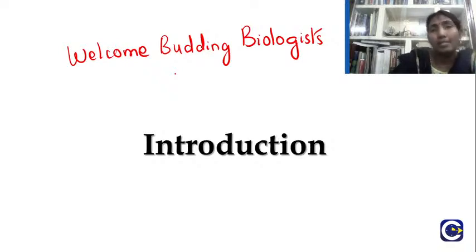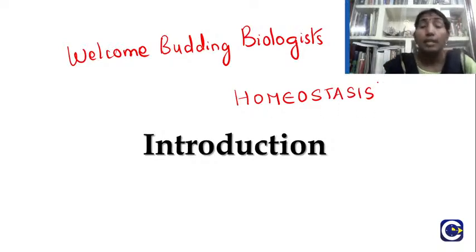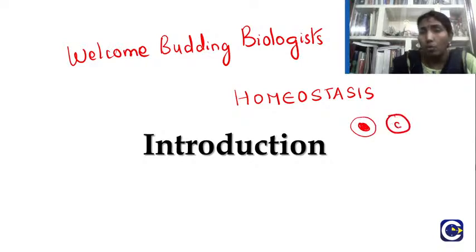Before I start any topic of biology for my students, I always speak to them about a concept called homeostasis. What do you all understand by the term homeostasis? It is the maintenance of a constant internal environment. What do you mean by internal environment? Our body is composed of trillions of cells, right?